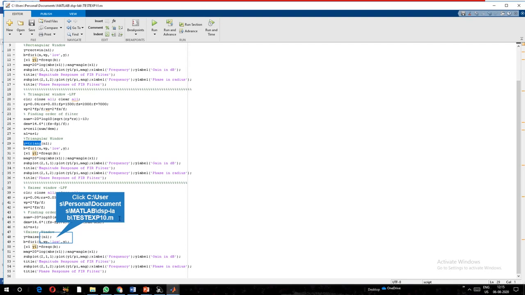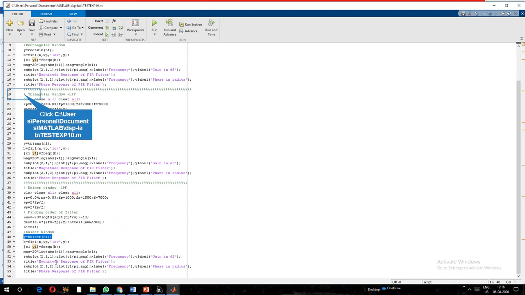Finally, the last window we will see is the Kaiser window, low pass filter. Here also specifications are there, and the same procedure we used for the rectangular window and triangular window applies here. The change is that we have to define the function. In MATLAB, the Kaiser window can be designed like this: y is equal to kaiser of n1.